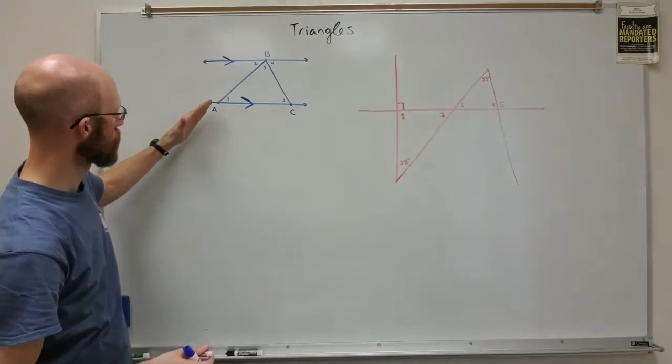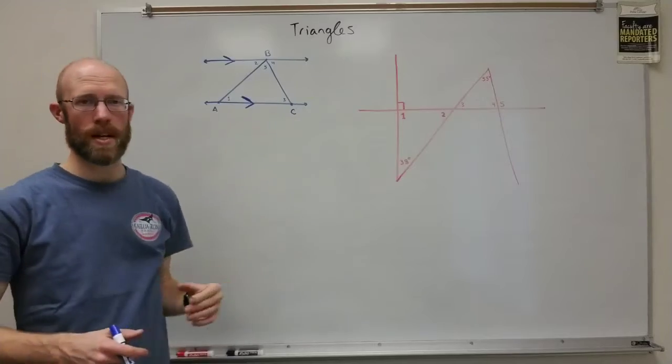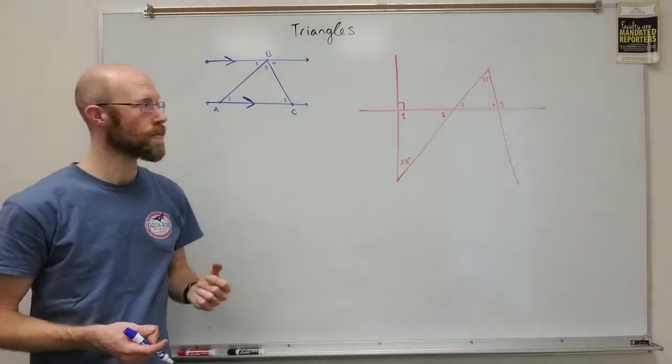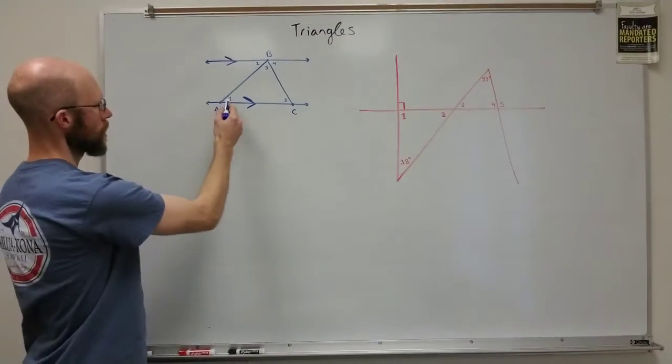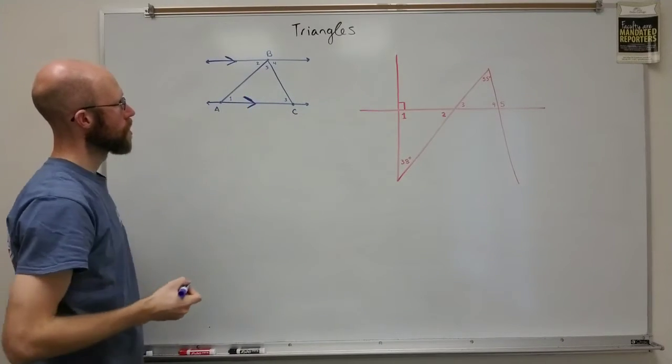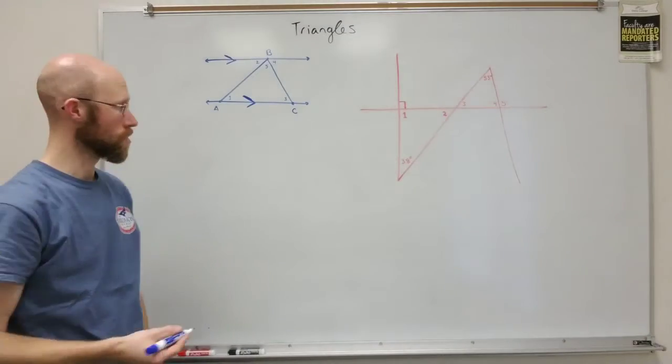And so now if you consider that there's two transversals technically creating this triangle, we know that angles 1 and 2 are alternate interior angles.